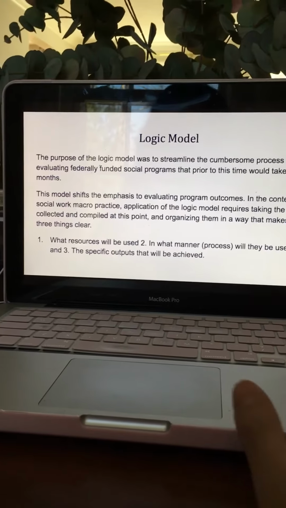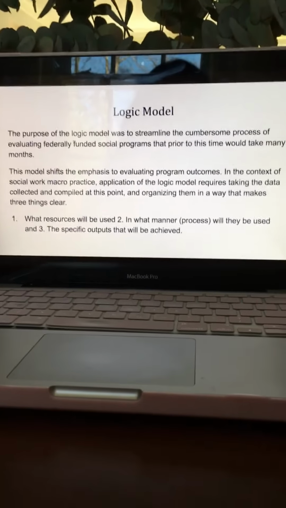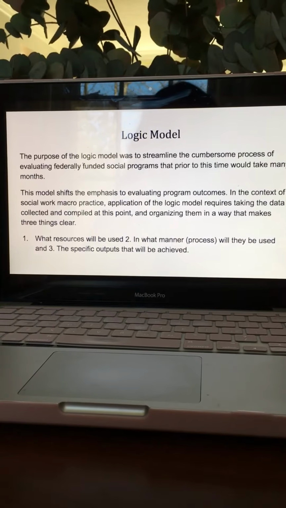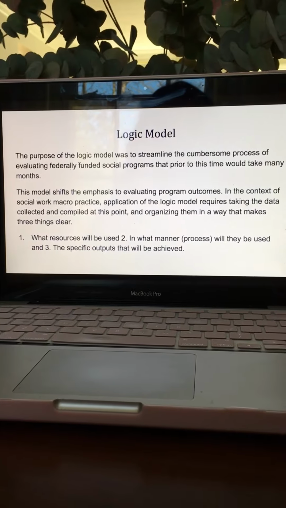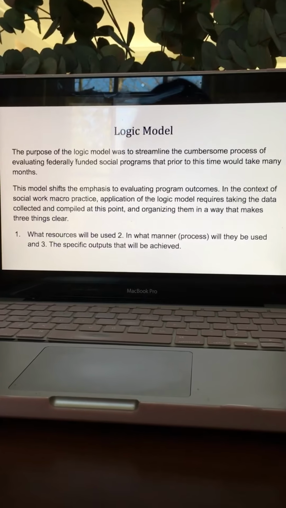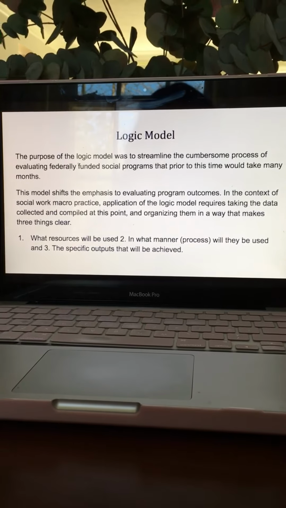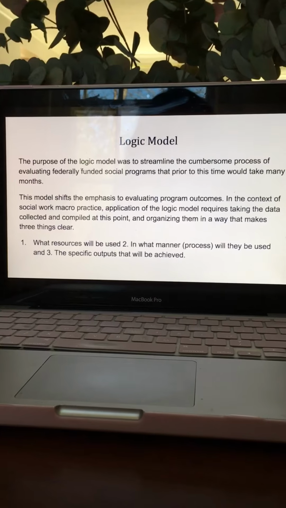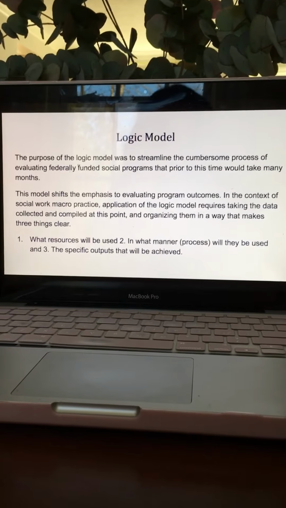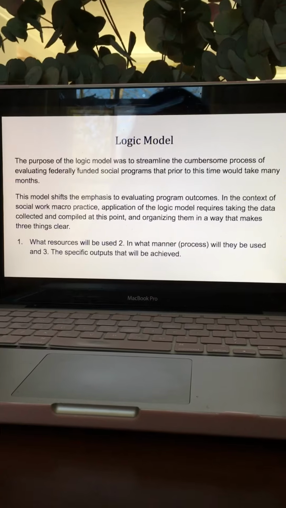So the first slide talks about the logic model. The purpose of the logic model was to streamline the cumbersome process of evaluating federally funded social programs, which prior to this time would take many months. This model shifts the emphasis to evaluating program outcomes in the context of social work macro practice.